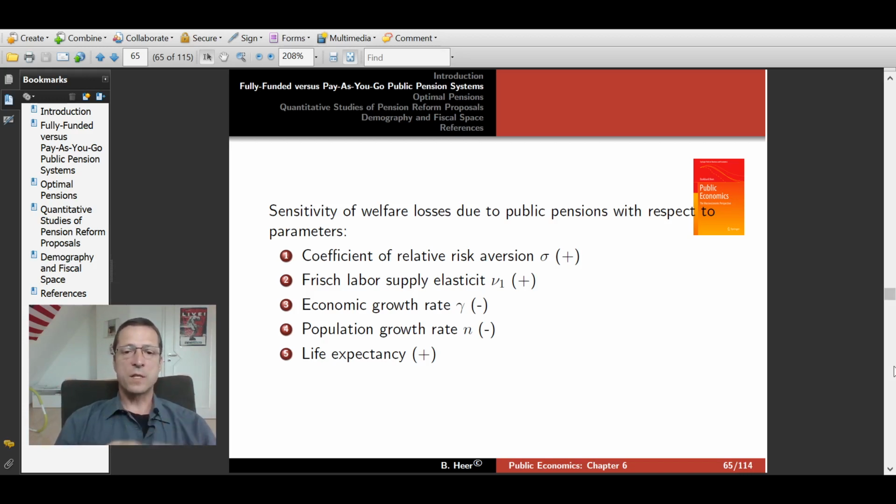So this exercise that we conducted over the last 3 videos in a 2-period overlapping generations model, where we studied the effects of public pensions, pay-as-you-go pensions, on equilibrium values, savings, and welfare, also carries over to the large-scale overlapping generations model with income uncertainty, with more realistic modeling of the demographics.